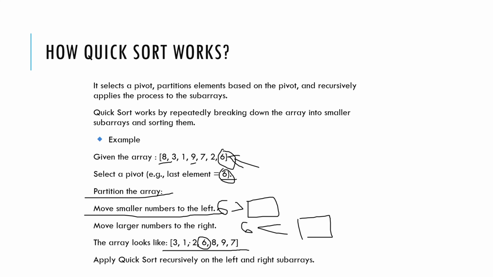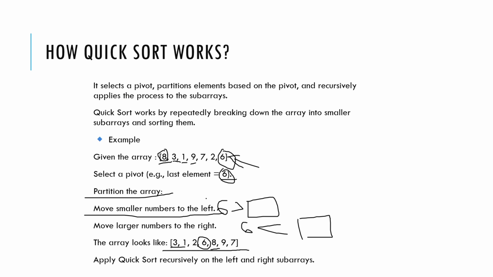The elements that are smaller than the pivot are moved to the left side. How does it work? We have the given array of this example. Is 8 smaller than 6? No, move to the right. Is 3 smaller than 6? Yes, move to the left.